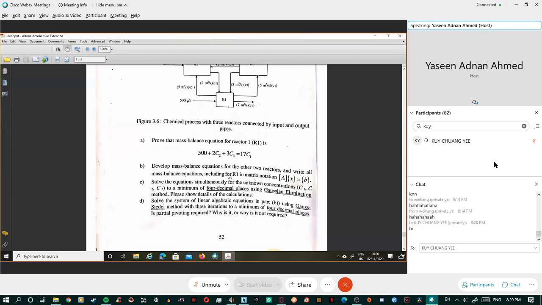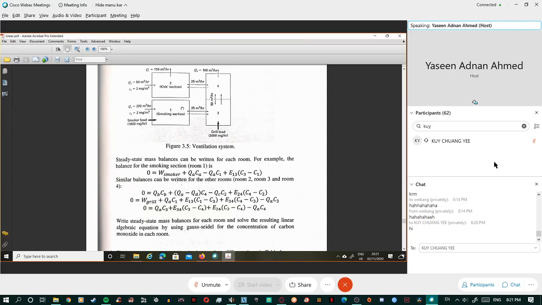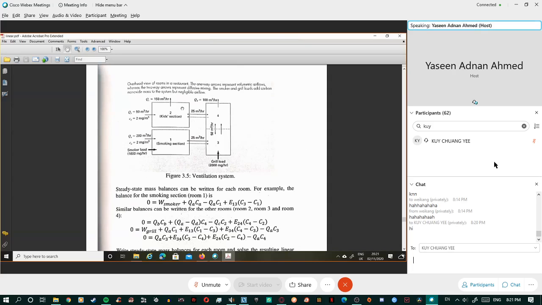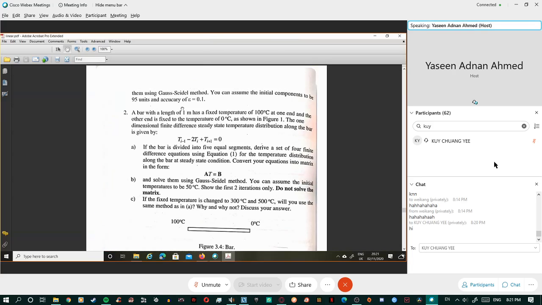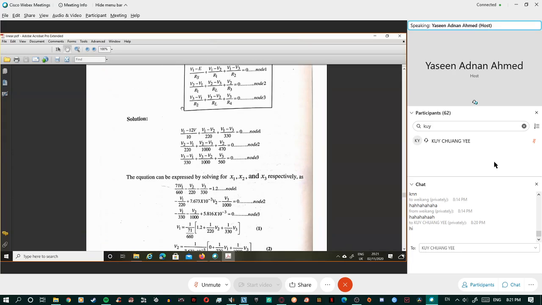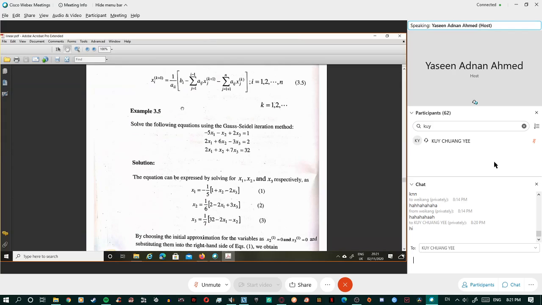Most of the time you will have these kinds of scenarios where you need to extract the information and create the system of linear equations. So today, because the Gauss-Jordan elimination is a bit lengthy, we try to solve this problem.